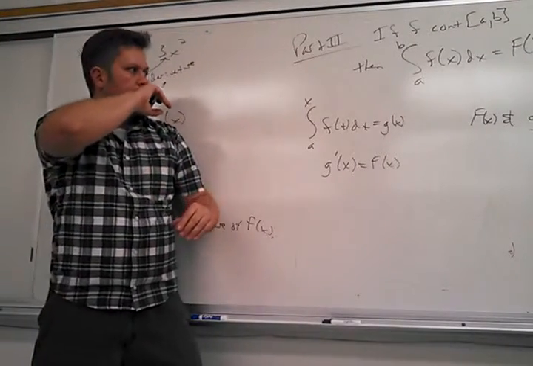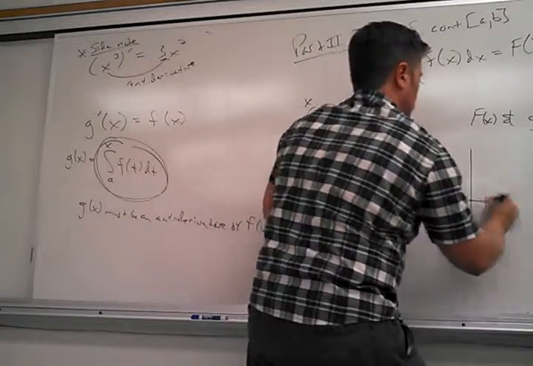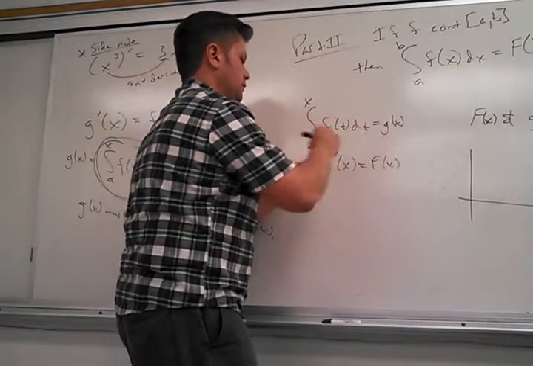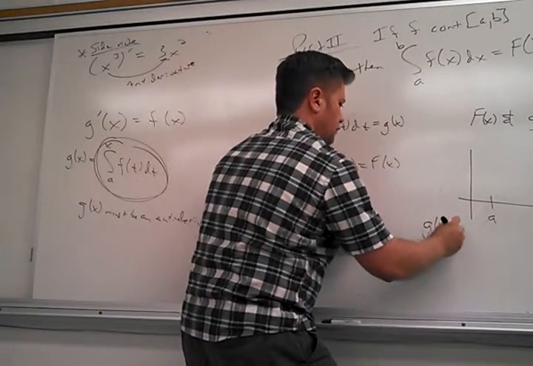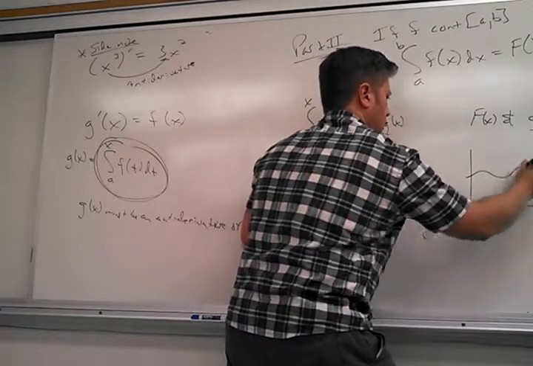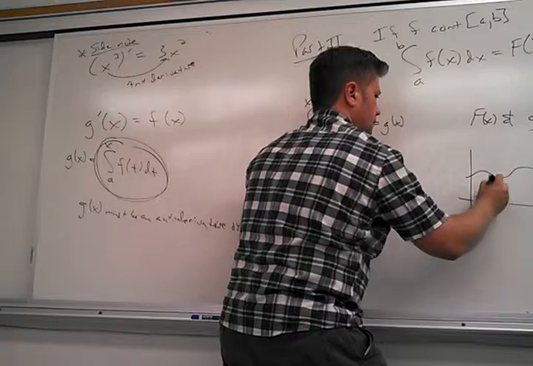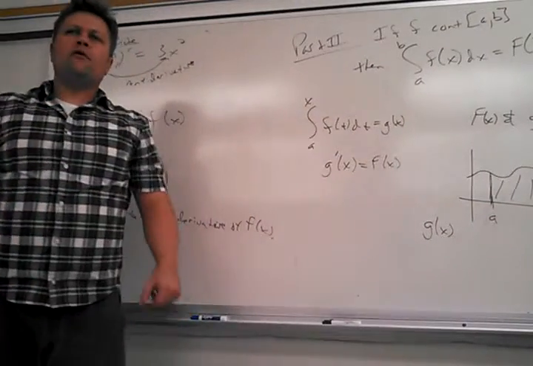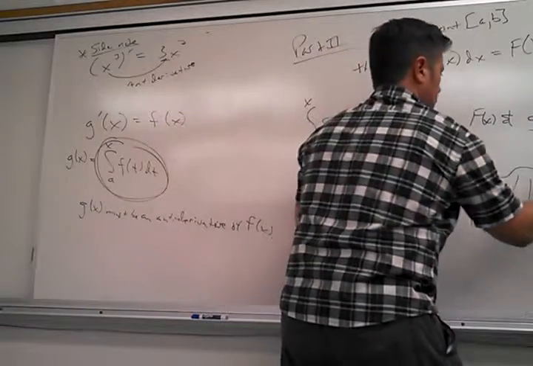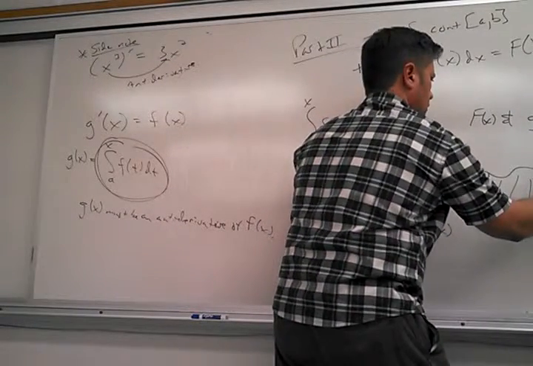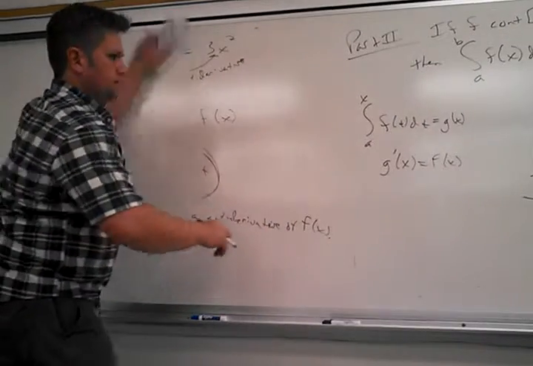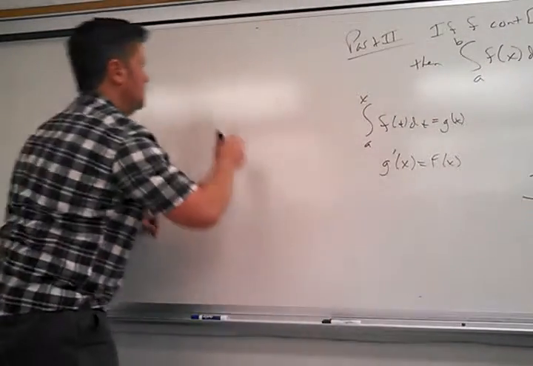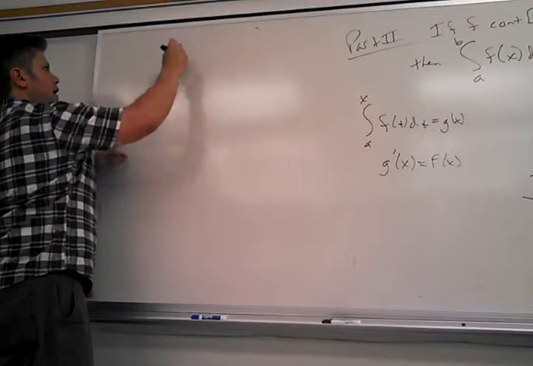All right. So g of x represents that area from a to x. So I want to know the area from a to x.